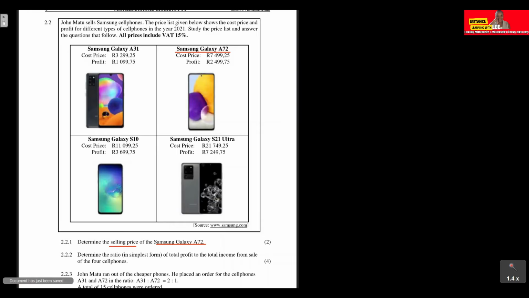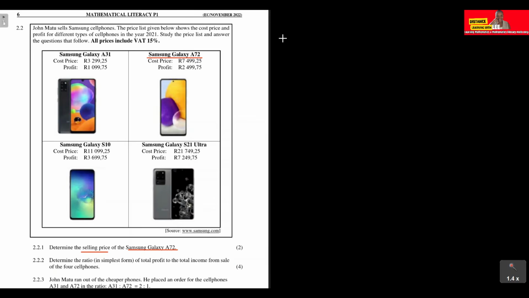So how do we determine the selling price? Okay, so this is question 2.2.1. Guys, we already know that when you're working with values that have profit and a cost price, we're working with a particular formula.